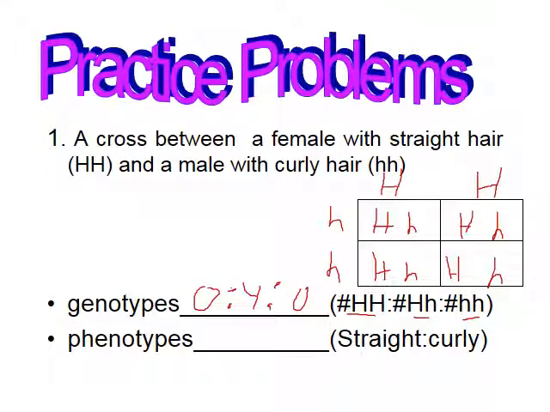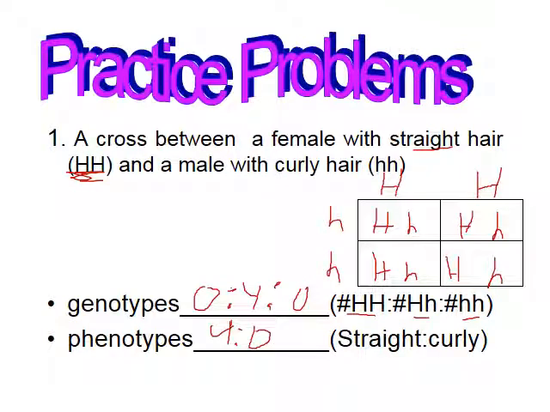So now we look at the phenotype, straight to curly. The straight hair must be dominant because the mother is represented by the 2 big H's. Therefore, all 4 of our offspring have a dominant allele, are heterozygous. Therefore, we're going to have 4 straight-haired children, and we have no curly-haired children.